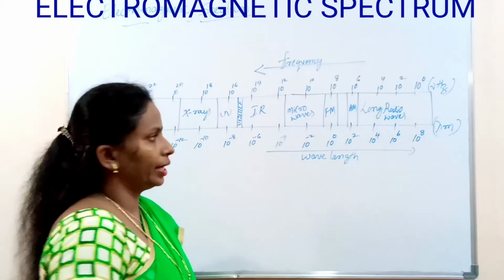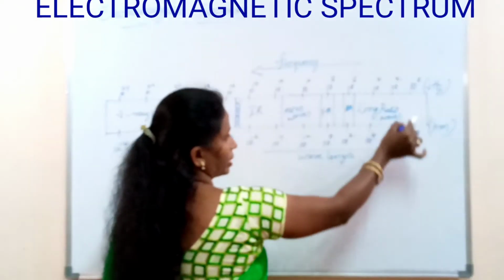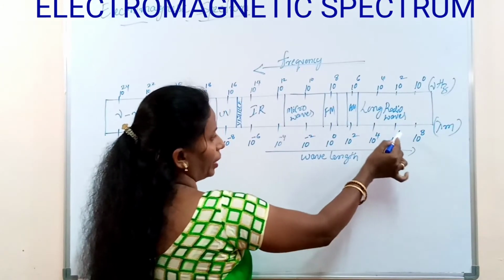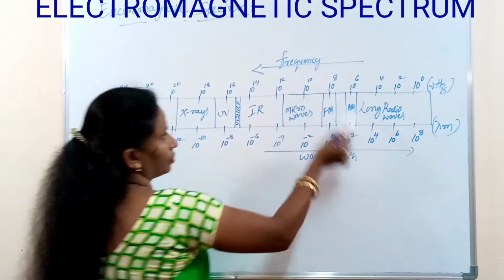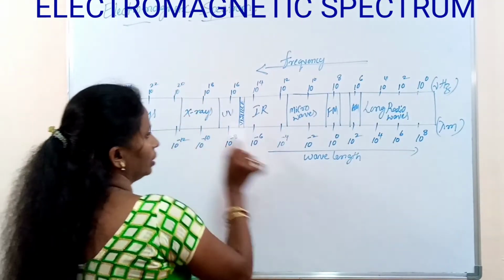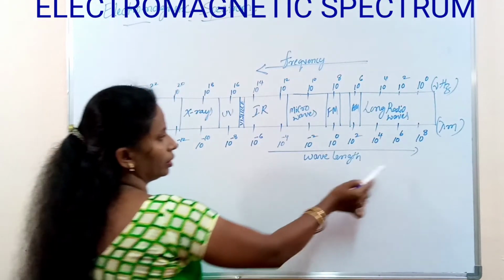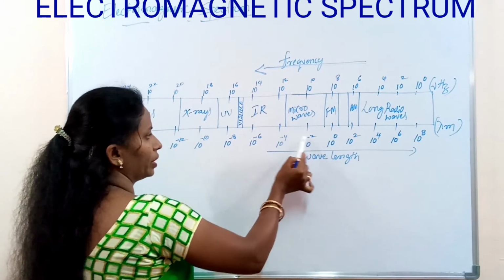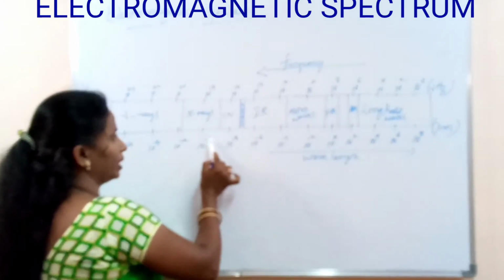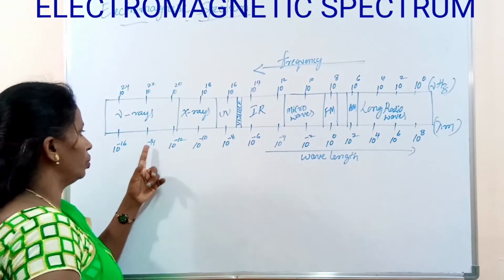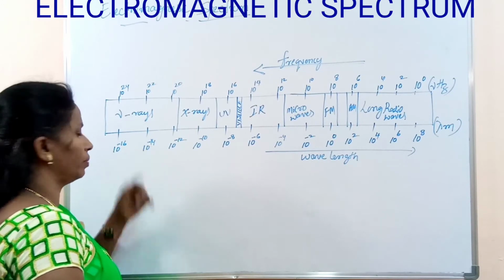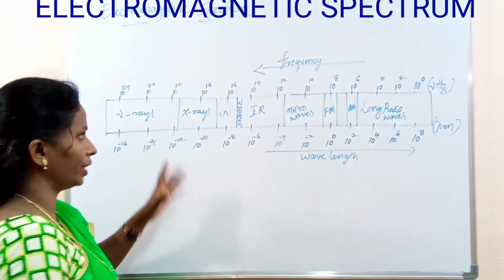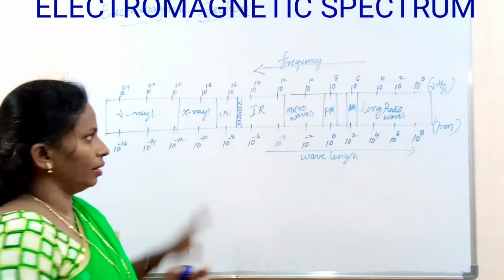Simultaneously below that you start from 8 in decreasing order. This is increasing order and here it is decreasing order: 10 to the power of 8, 6, 4, 2, 0, minus 2, minus 4, minus 6, minus 8, minus 10, minus 12, minus 14, and minus 16. Like this you write, and you make a table.